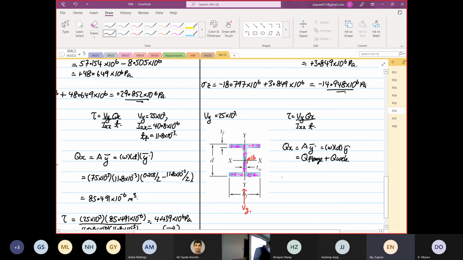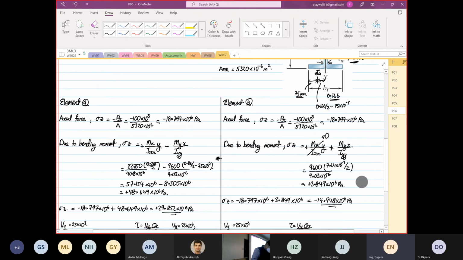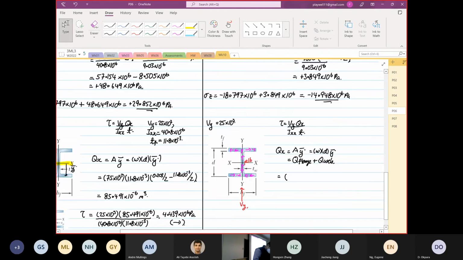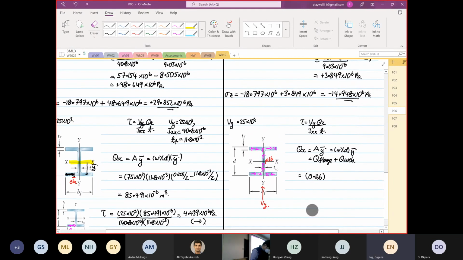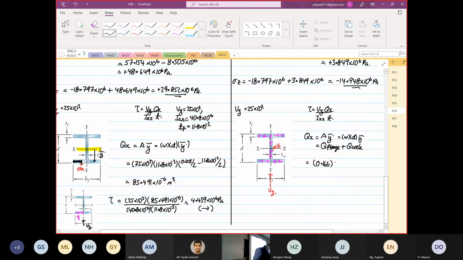So Q flange, we're going to focus on the flange. The width of the flange is BF, so BF is equal to 0.166. The depth is TF, which is 11.8.